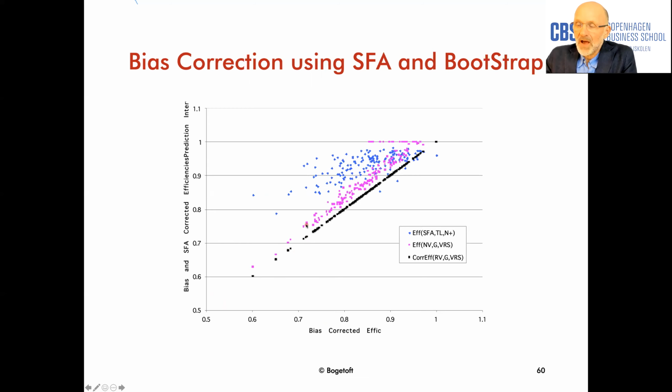You get a higher efficiency score if you just use the normal efficiency scores. But on this data set, we actually got higher scores again if we use the stochastic frontier model. I don't remember the details of exactly this one.